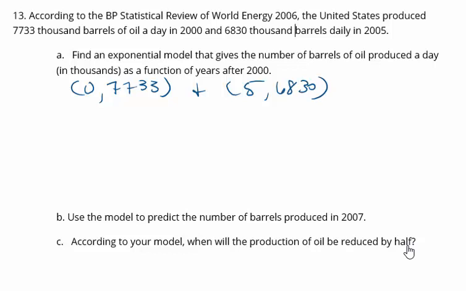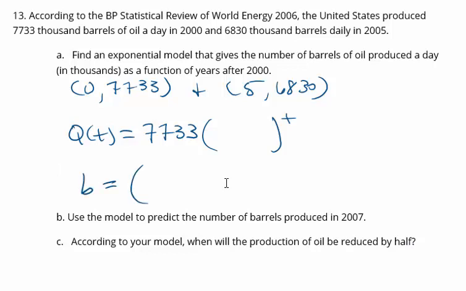Okay, and so if we're writing our function, we'll call this Q of t. We know what Q naught is, or the initial amount, which is 7,733. But what we don't know is b, and so we're going to use a little formula to calculate b really quickly.